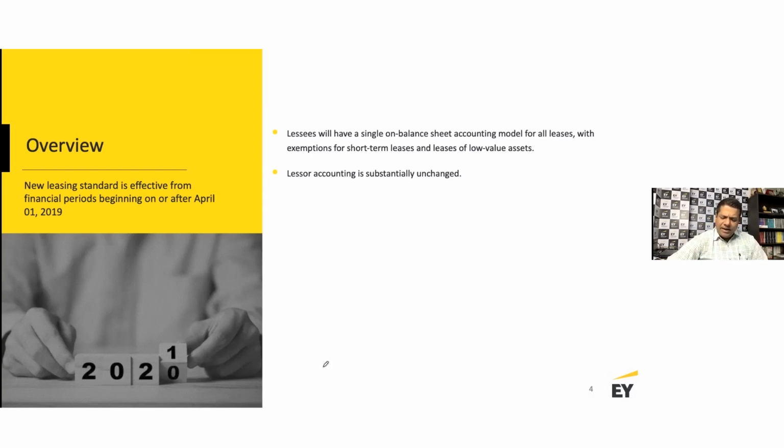If you have given an asset on lease and the rental is changing over the lease term, for example, in year 1 you're charging 10 rupees, in year 2 you are charging 12 rupees, and in year 3 you are charging 14 rupees, then in all 3 years put together, 14 plus 12 plus 10, you are making 36, divided by 3, which is 12.